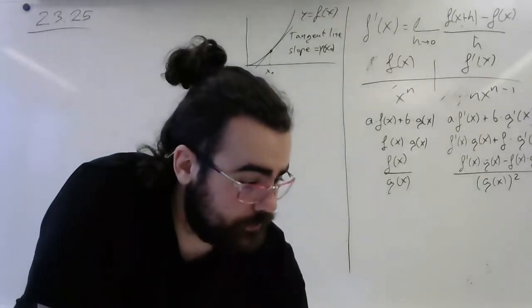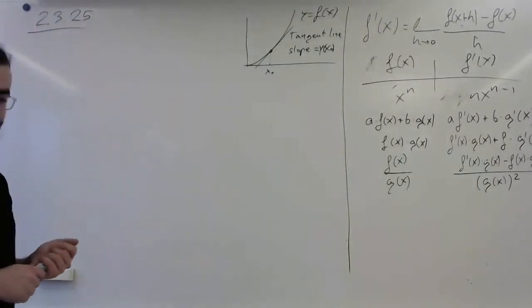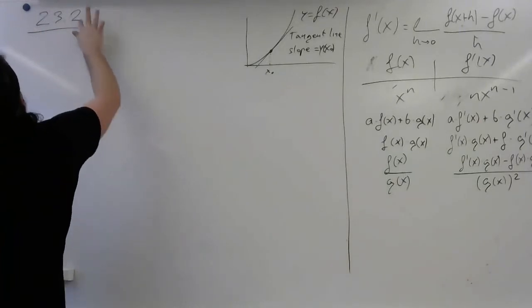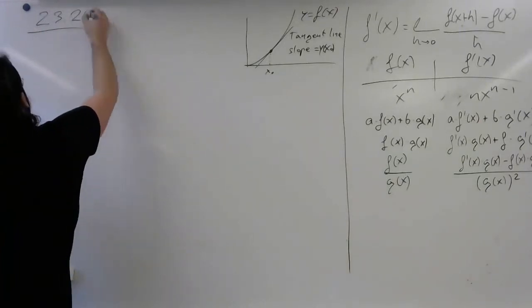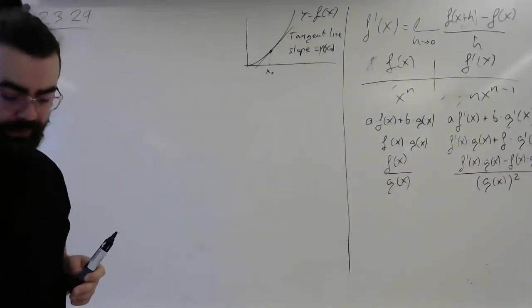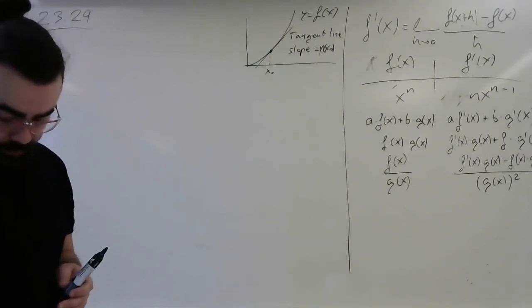Okay. We're moving on with number 29. Okay, these functions tend to look very complicated, but in the end, once they are broken into small pieces, they're pretty manageable, and that's what we are going to see in this one.